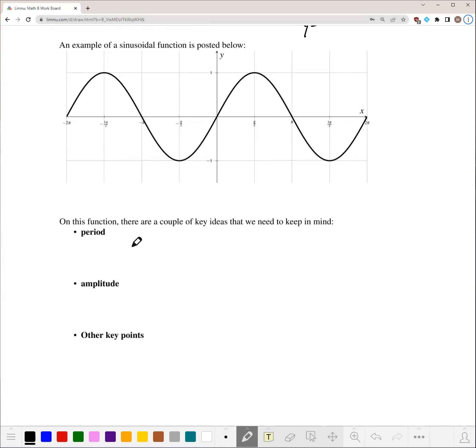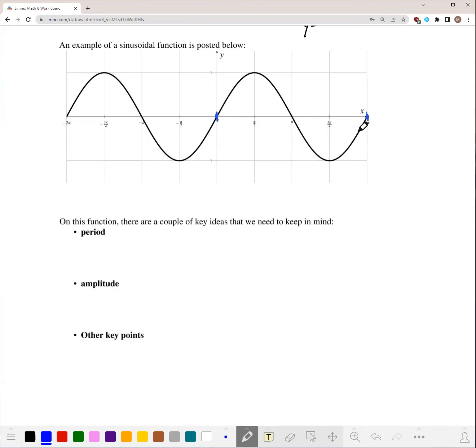So for our period, when I brought up period, all my physics kids just said, why don't you just say wavelength? And that's a good idea. The period of a function is the domain of x over which it takes our function to produce a full cycle, or again, a wavelength.